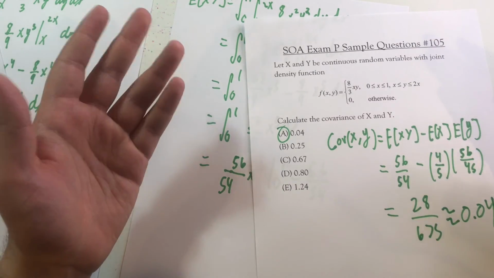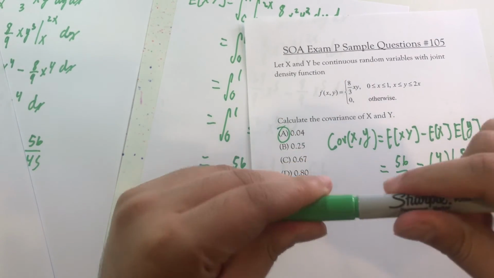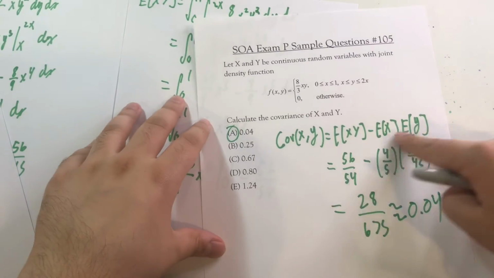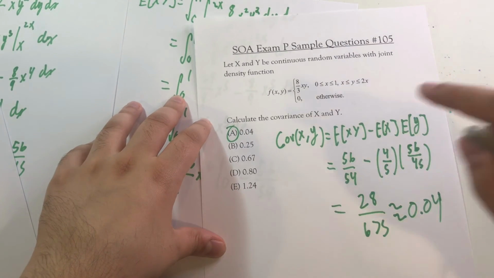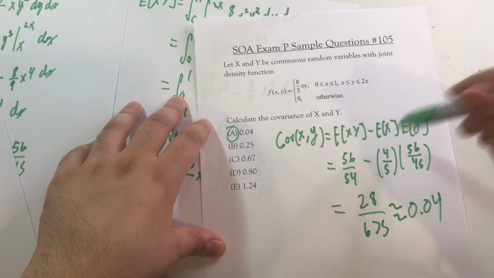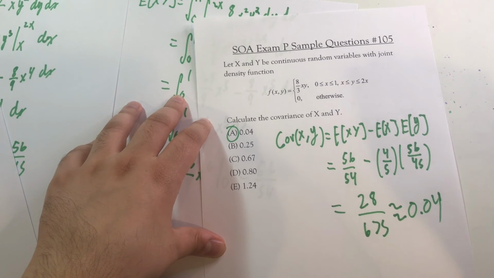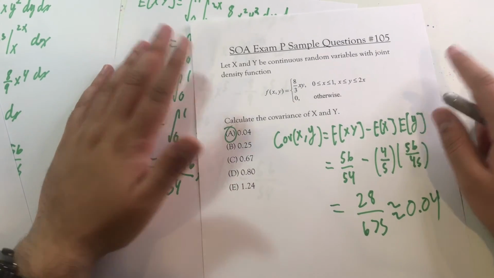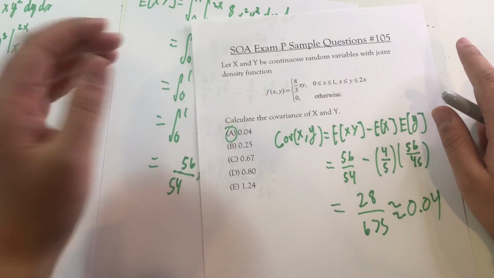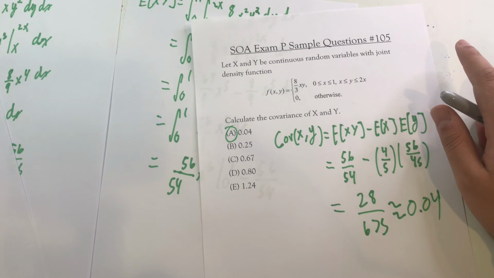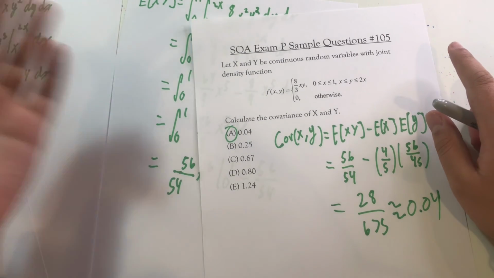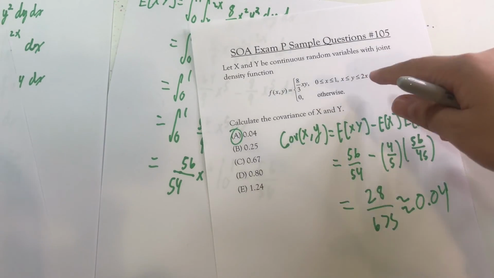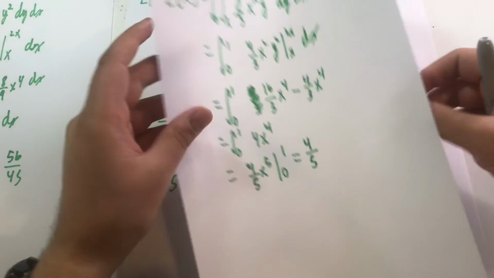Nothing was difficult. The only things you needed to know in terms of the probability were this formula for covariance. Covariance of X and Y is equal to the expected value of XY minus expected value of X times expected value of Y. Okay, know that. And obviously know how to do an expected value, right? When you have a continuous distribution and you're given the density function, the expected value is going to be integrating over the entire region, right?